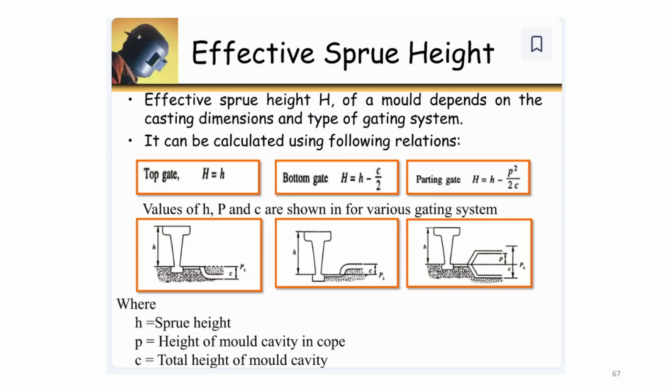The values of H, P, C are shown for various gating systems. In the case of a bottom gate, you will have H equals h minus C upon 2. In the case of a parting gate, you will have capital H equals h minus P squared upon 2C.